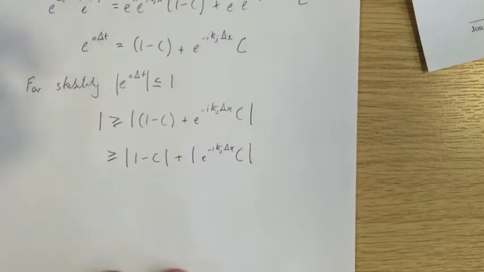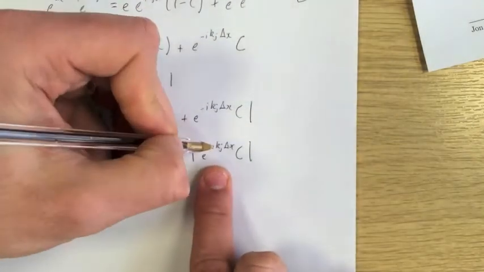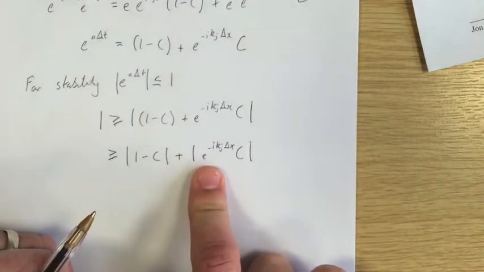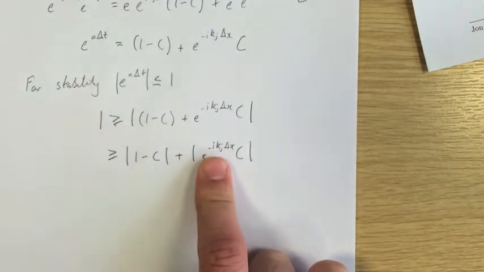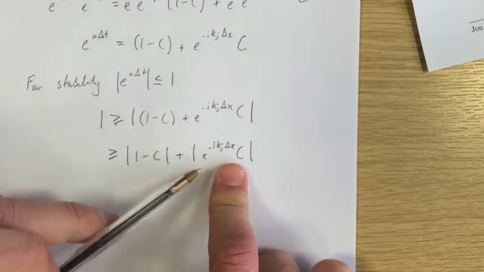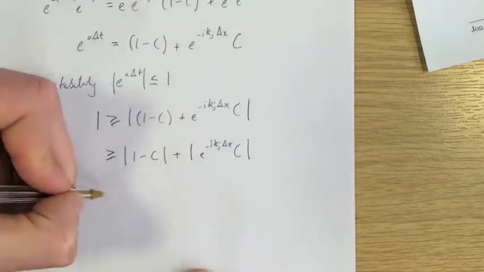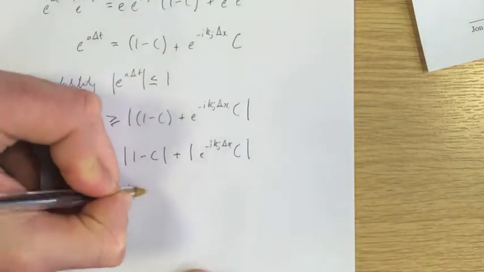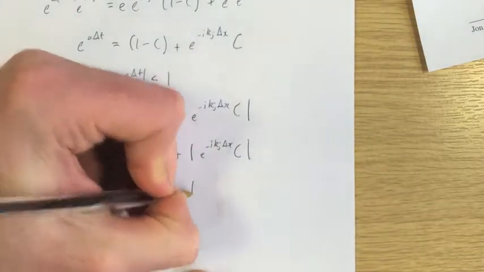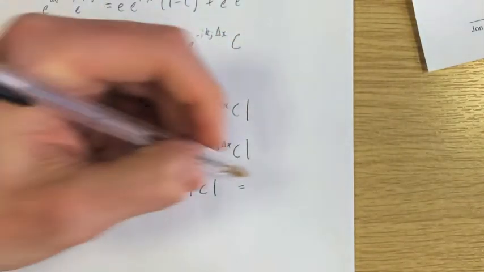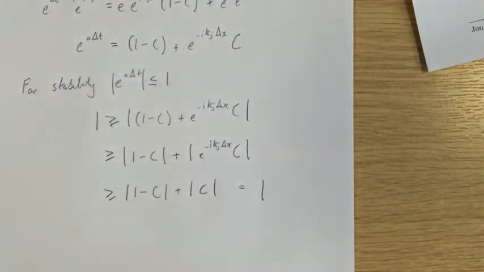Now we can borrow a result from complex number theory: the magnitude of e raised to the power i times anything just becomes 1. So what this means is we have 1 minus c plus c, and that is equal to 1.